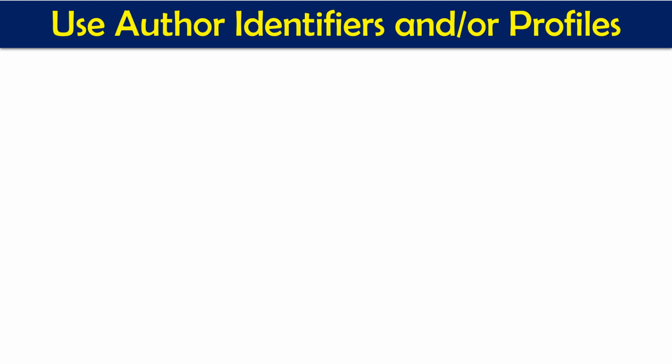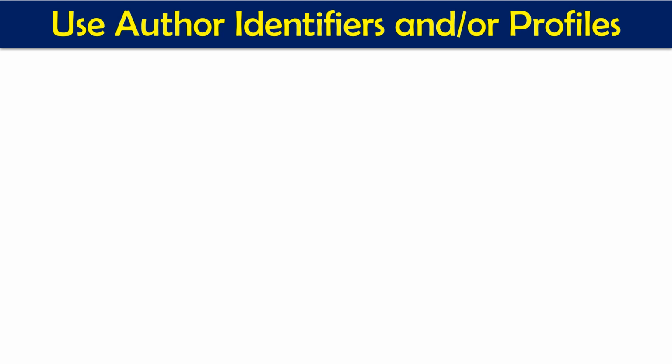The first thing is to use author identifiers and/or profiles. So what is an author identifier? Normally, author identifiers disambiguate authors with the same or similar names. Like you might know, we use Aadhaar cards, registration numbers, roll numbers. These are called different identifiers.